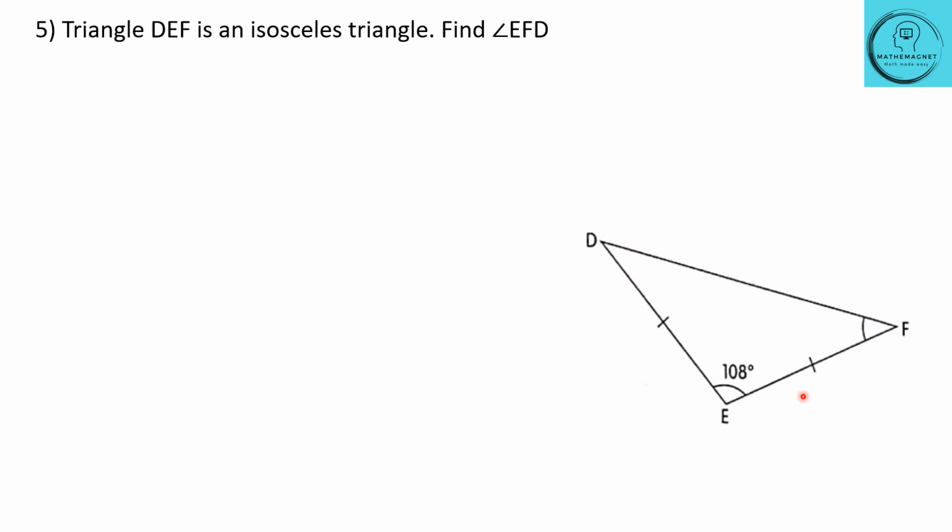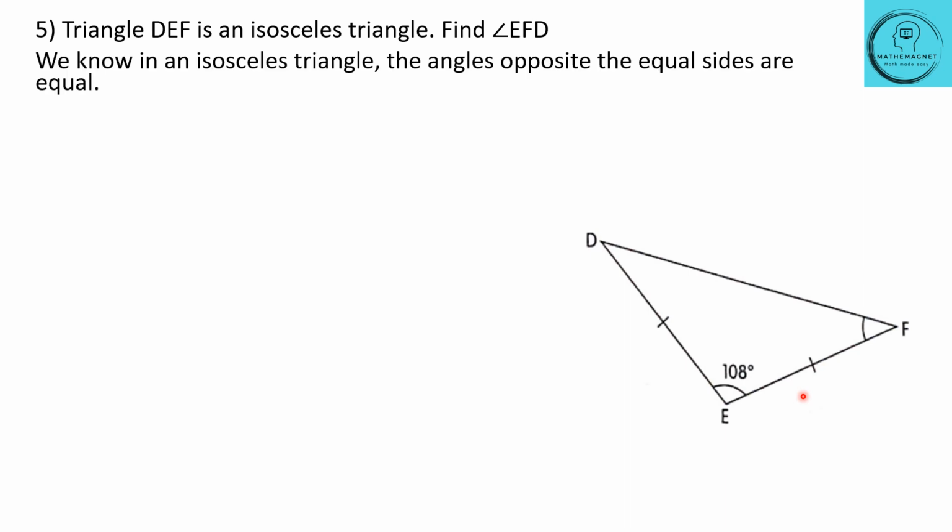So let's write down the facts that we know. Angle EDF is equal to angle EFD. We also know angle DEF is 108 degrees, which is given in the figure itself.